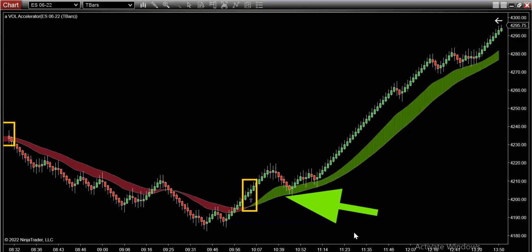Okay, so congrats to everybody who was using this volume indicator today. I know you guys killed it today on the S&P 500, on the Nas, on the Dow, on the Russell. It was a thing of absolute beauty. You guys know the volatility is here to stay. And let's continue to pray for more trading days like this.